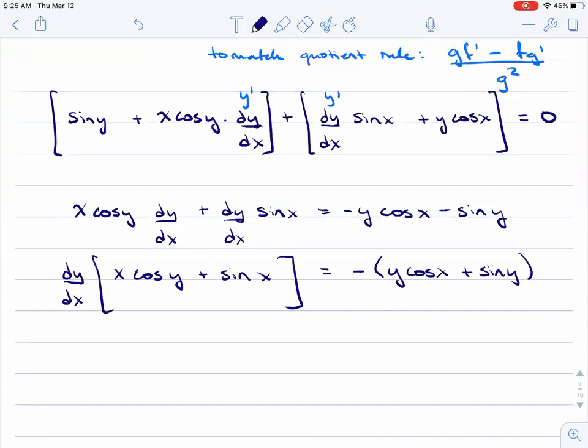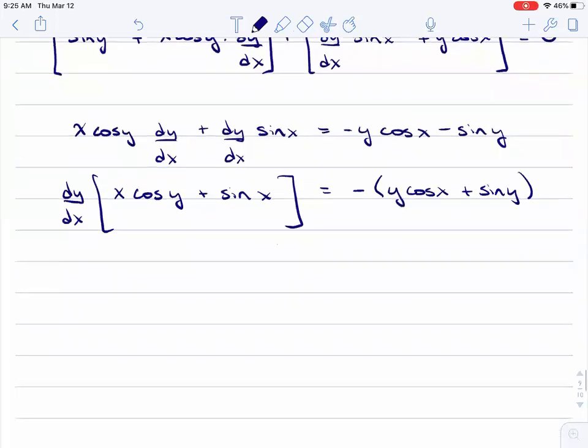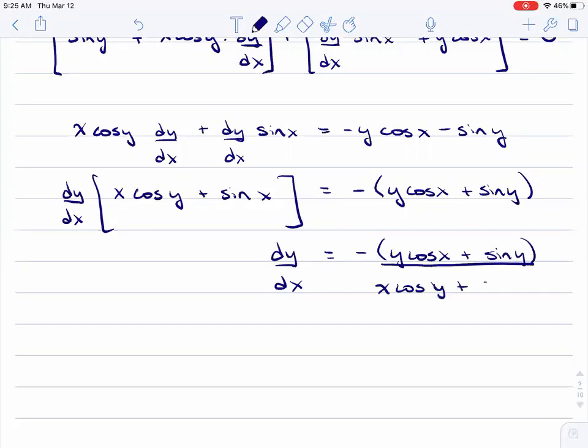To solve for dy dx, all I have to do is divide both sides by x cos y plus sine x. And so here I'm left with dy dx is negative y cos x plus sine y divided by x cos y plus sine x. Ta-da!